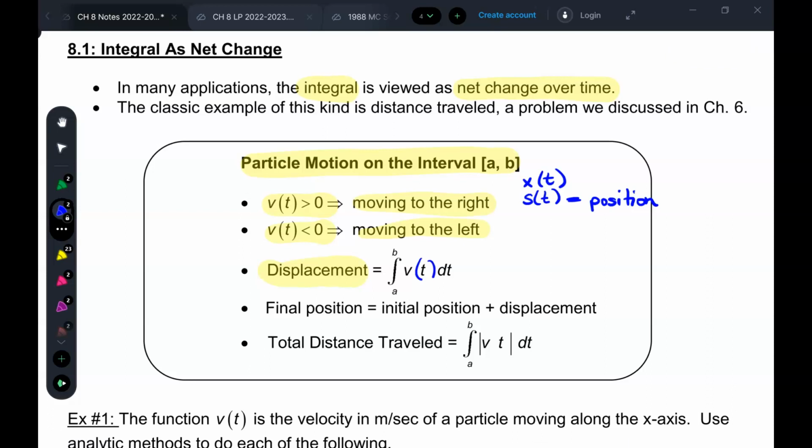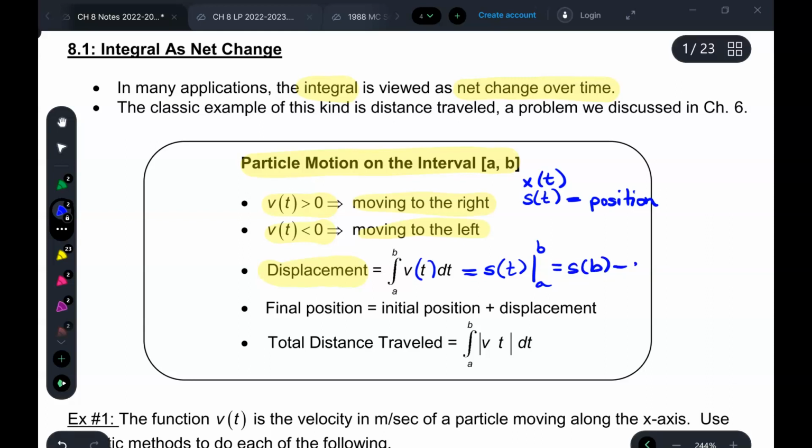If we take the integral of velocity, what would we get? dx/dt dt. So we would get S of t evaluated from A to B, which is S of B minus S of A. Isn't that how we represented displacement way back in like chapter 3? Okay, so understand that using integrals we can get to that same result.